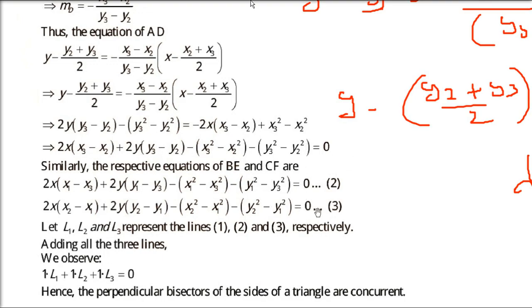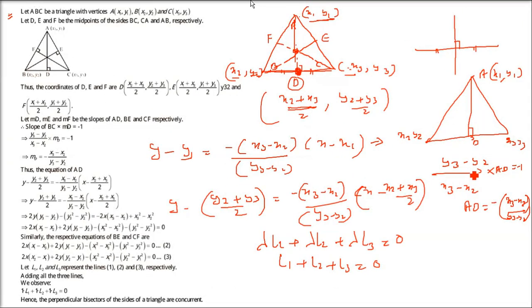So eventually these 3 equations you have to write and add them. 2y by 2, one time it is negative, one time it is positive, so each and every time it is going to cancel out and it will be 0. When you add these 3 equations, you are going to get 0. So I hope you understand.